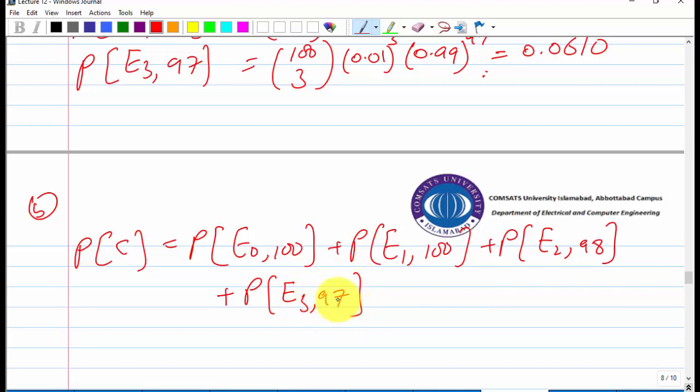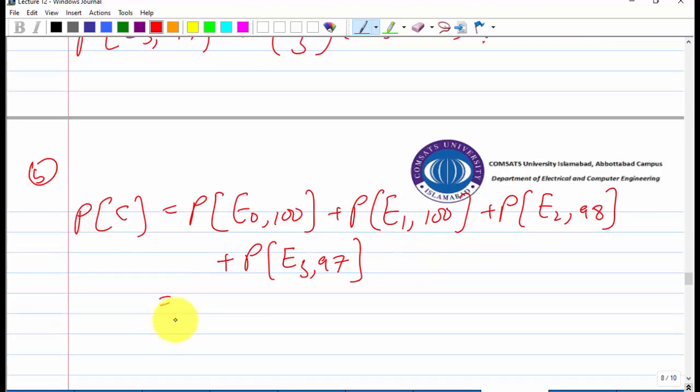If there are more errors then we cannot decode it properly. So we'll just sum up the numbers we have calculated. That gives 0.9819, so there is a 98% chance that we can decode correctly.